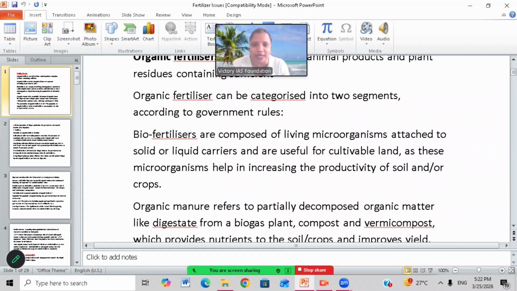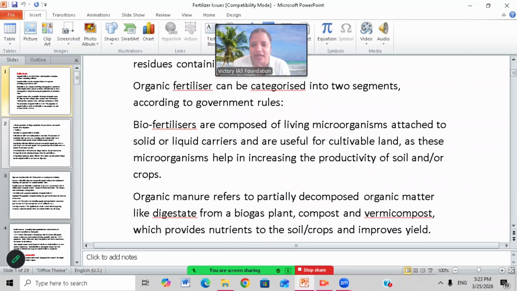So generally organic fertilizers are of two types. The first one is biofertilizer. This is a compound that is attached to living organisms, living organisms attached to some liquid or solid carriers. These are very effective in improving the soil fertility.